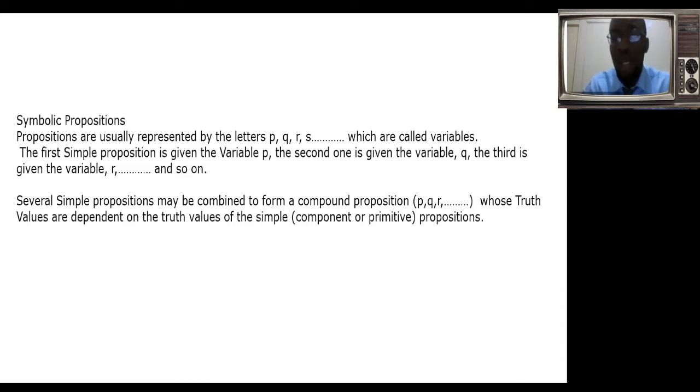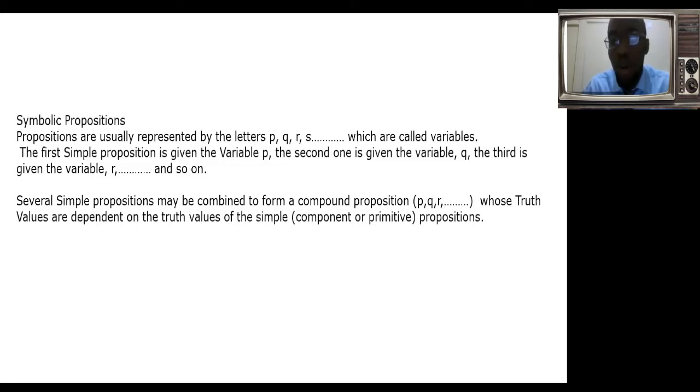For example, let P, the proposition, be I am 6 feet tall, and let Q be the proposition I am a male, and R be the proposition I am a teacher.